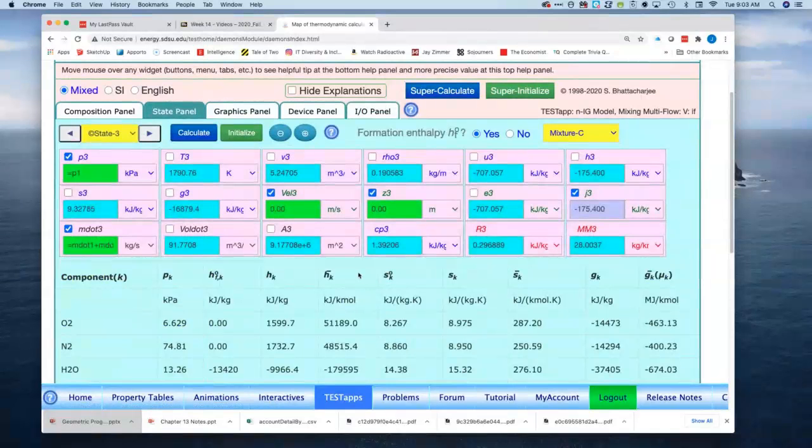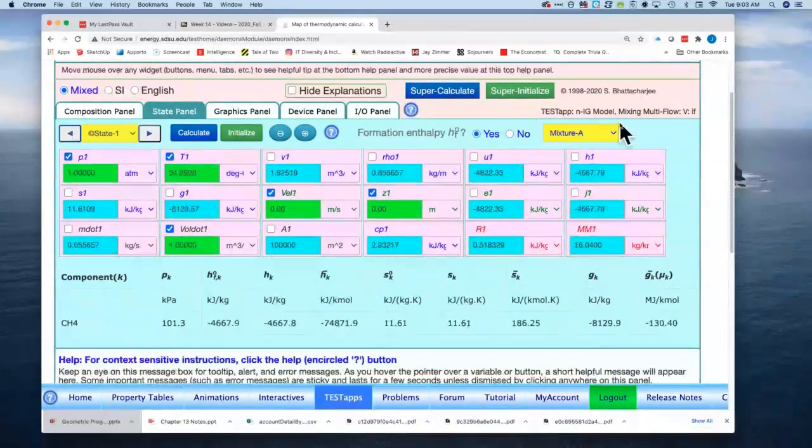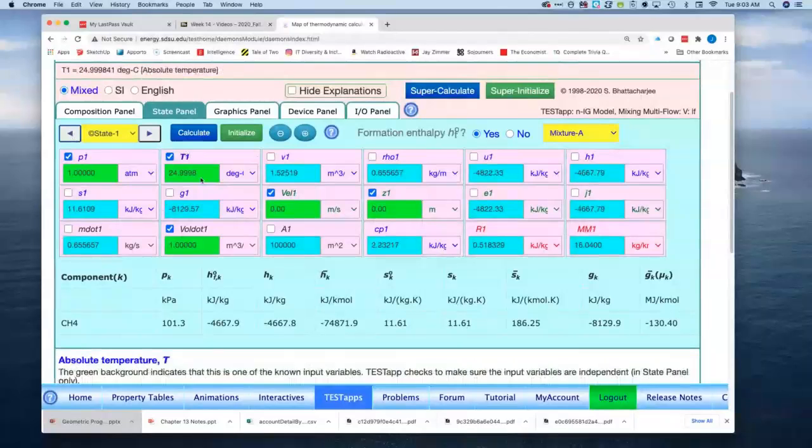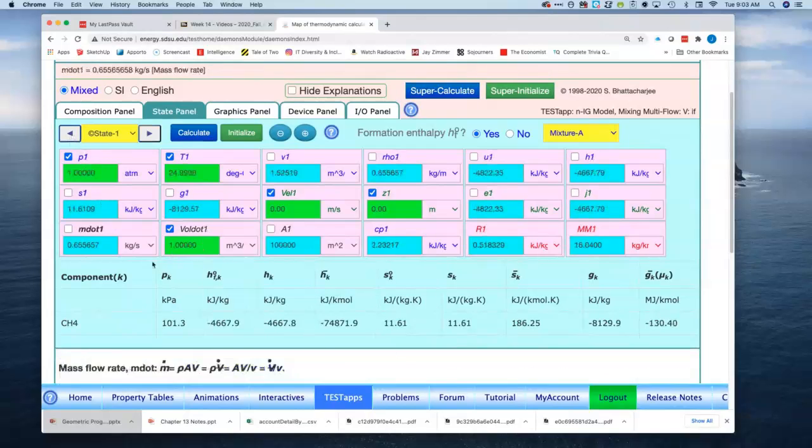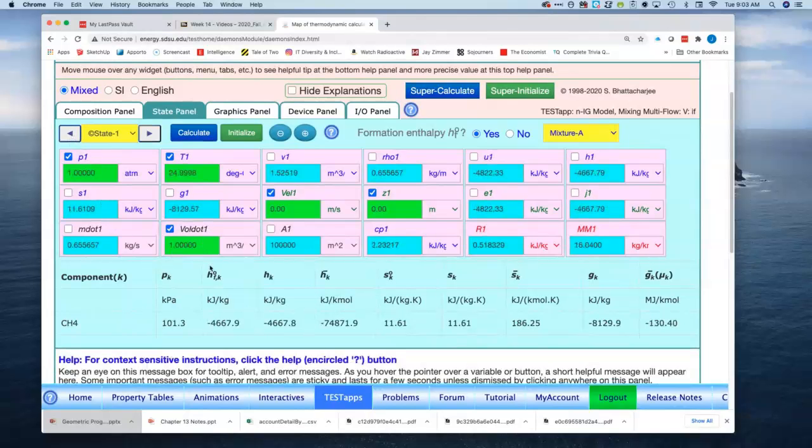And so what we did using this mixing test app is that we assigned ourselves a fuel as mixture A. We gave it a temperature. We assigned the oxidizer, and we gave it a temperature. We also specified how much oxidizer there was with respect to the amount of fuel.